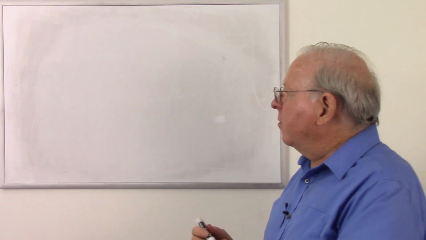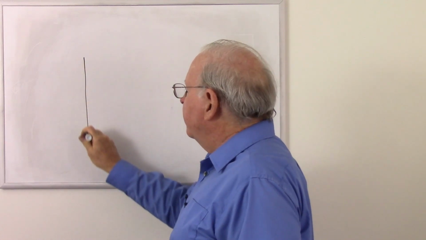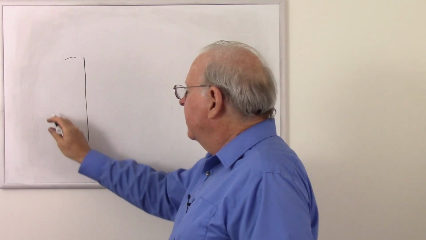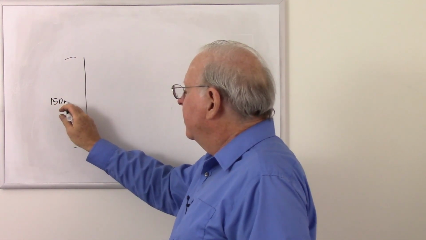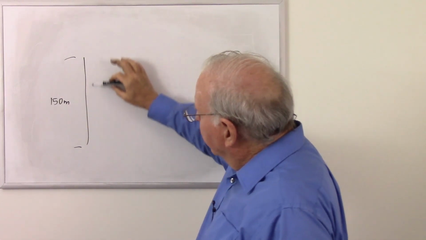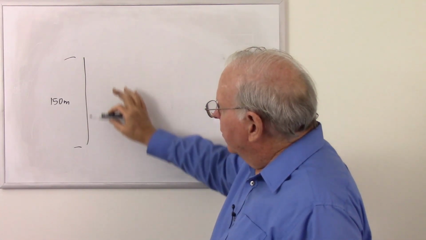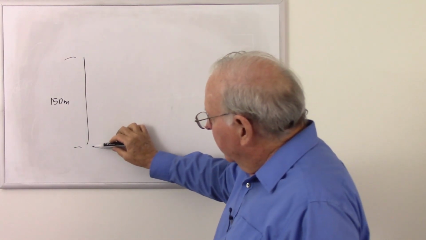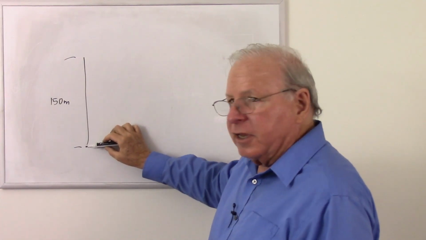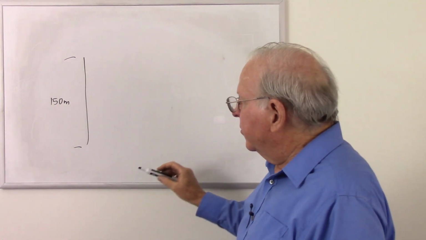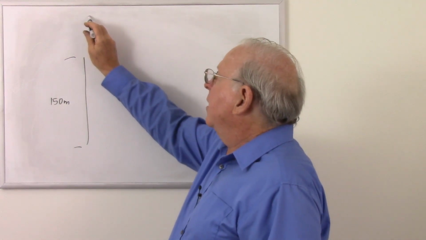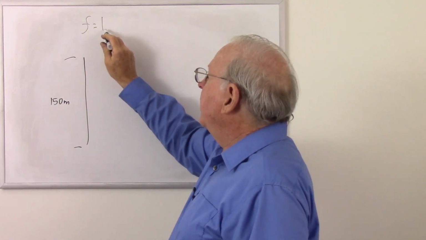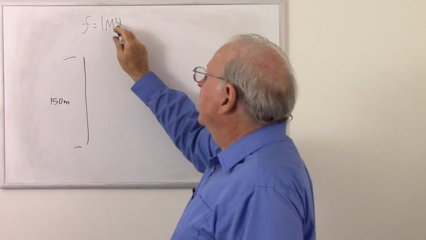So let's get back to our antenna, which is 150 meters long. And so the electron wave is going back and forth 1 million times every second. So it goes up and back, millionth of a second, up and back another millionth of a second. So we have a frequency of 1 megahertz.